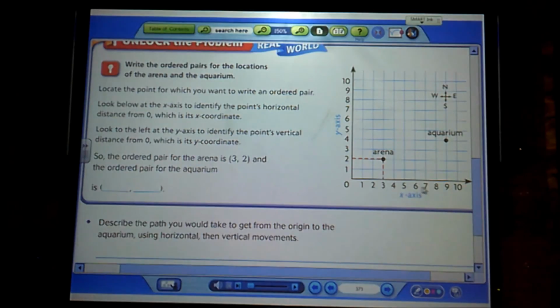Now because this has a 1, it goes up by 1, we could just find it and go straight down as well. 9. So it's 9 over. So the first number in my ordered pair is a 9.